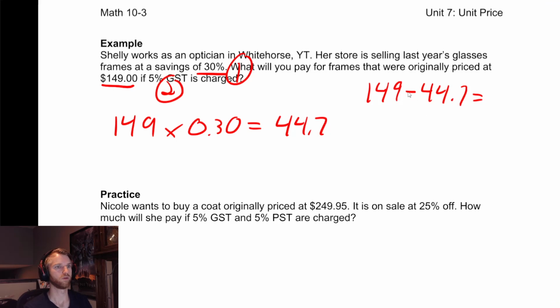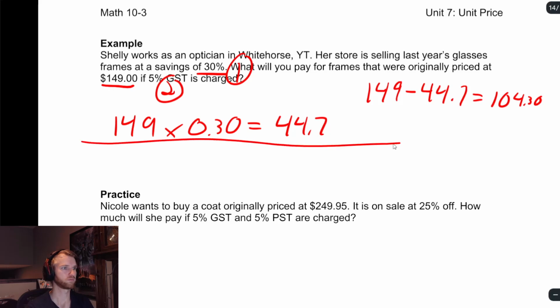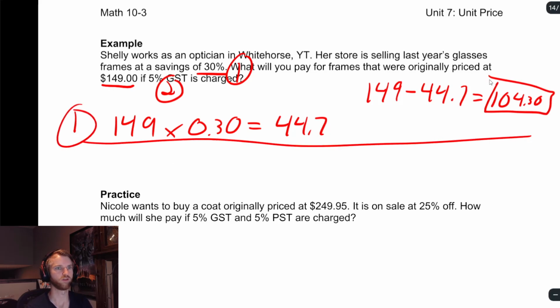So that would be $104.30. Then we're going to get charged 5% GST. That was all step one. We found out this is the sale price. Now step two, we add the GST.